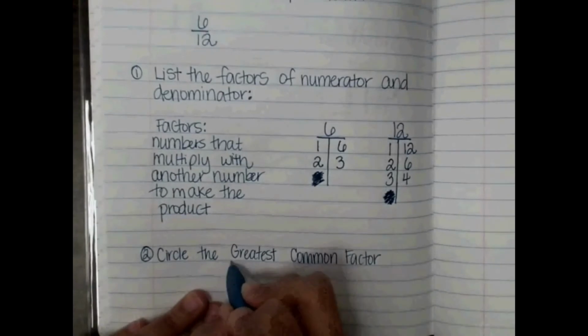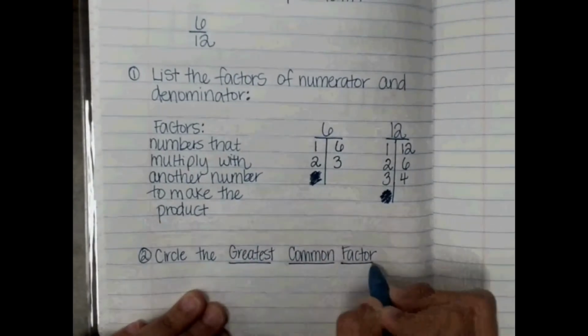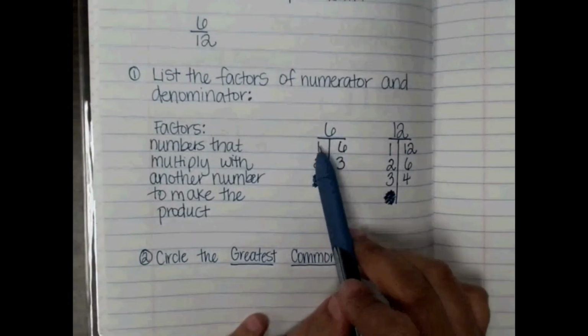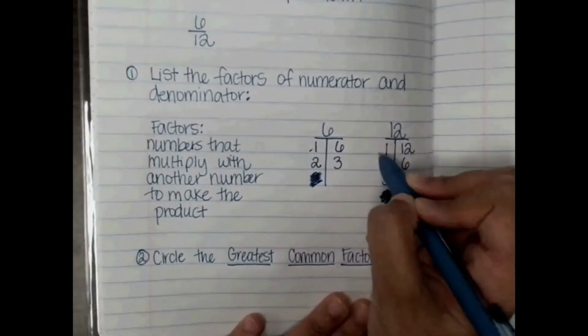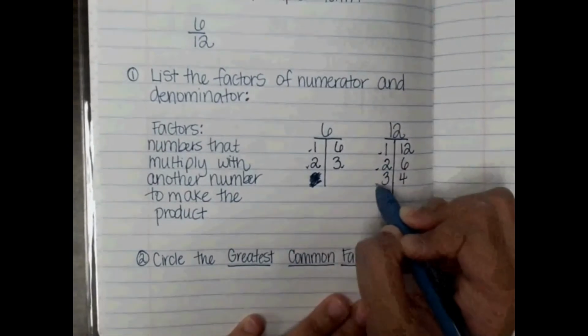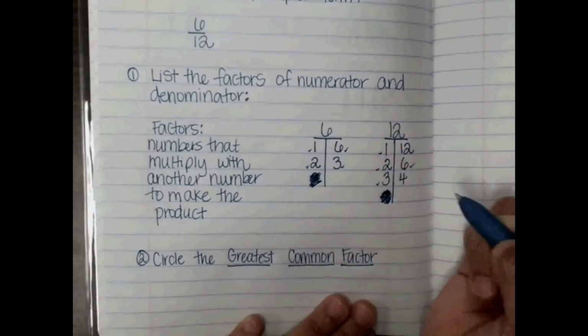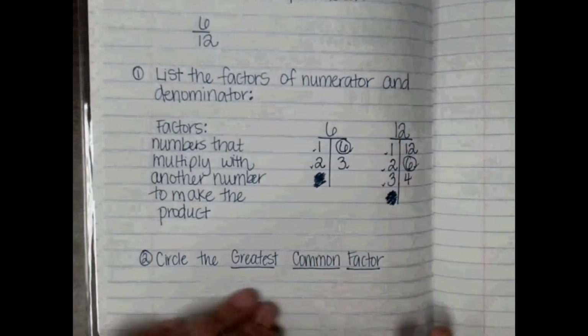And greatest means the highest, common is what they both have, and then obviously these are factors. So if you look, they both have 1. You can maybe even put like a little check mark. They both have 1, they both have 2, and they both have 3, and they both have 6. 6 is the greatest common factor.